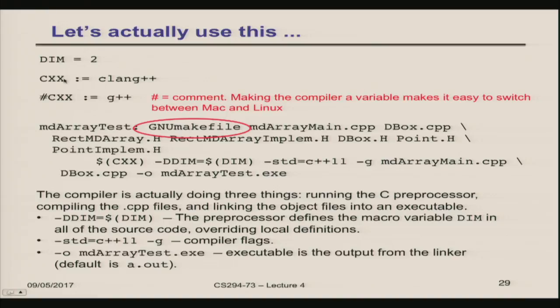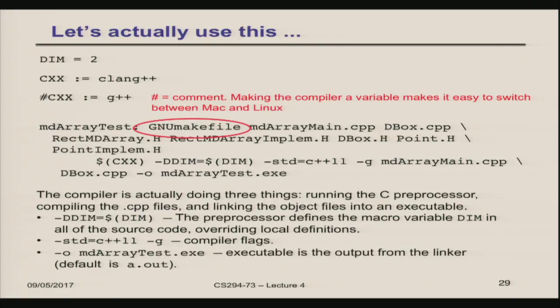I'm defining dim to be equal to 2. I'm defining actually a variable that's going to be my C++ compiler. And I gave it a name, CXX. And that's the string that I'm going to use for identifying the C++ compiler. Why did I do that? Well, because I'm anticipating that I'm going to be switching back and forth between running on Macs and running on Linux boxes.